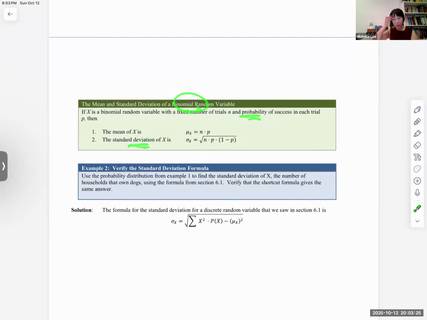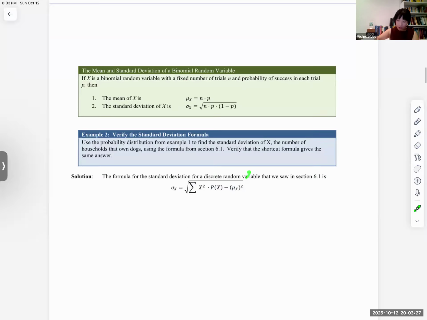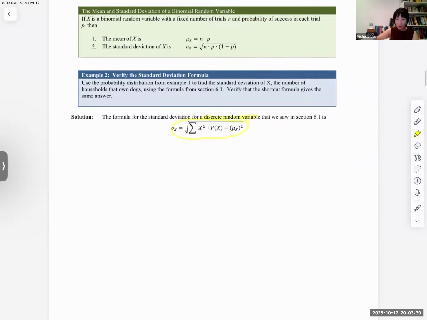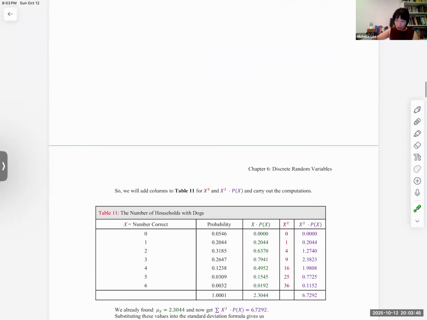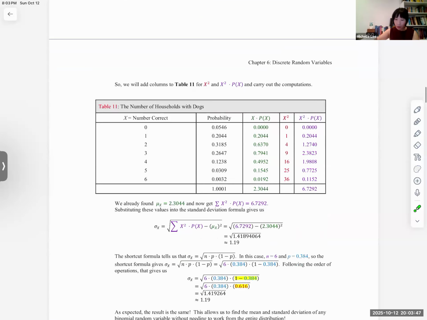So I'm going to show you. This is the 6.1 discrete random variable standard deviation formula. This is the one we went over, right? We make a column of x squared times p of x, which is the probability.